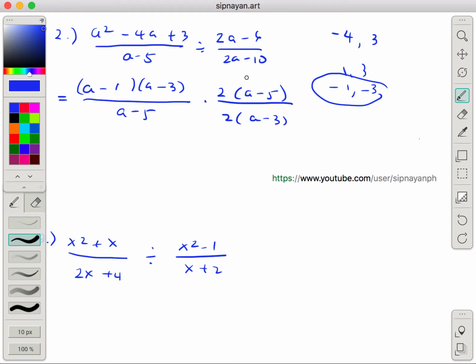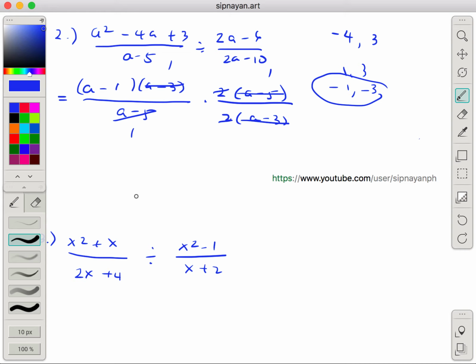So pag dinistribute nyan, babalik siya dito, sa 2a minus 10, at pag dinistribute nyo to, it will become 2a minus 6. So, may pwede ba tayong cancel? We can cancel this. Magiging 1. And then we can also cancel this. And then yung 2 over 2 can also be cancelled.